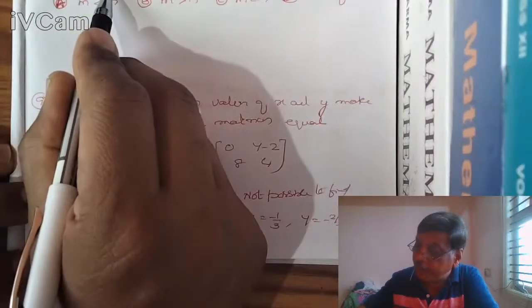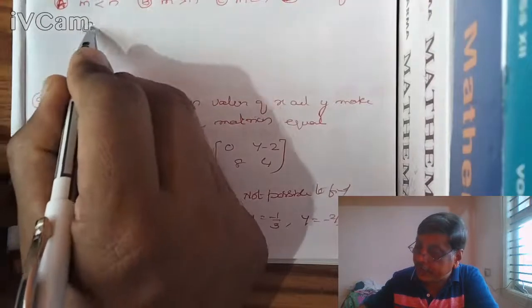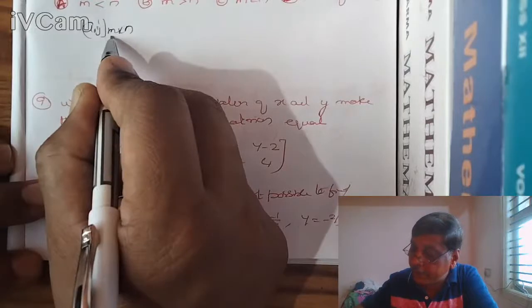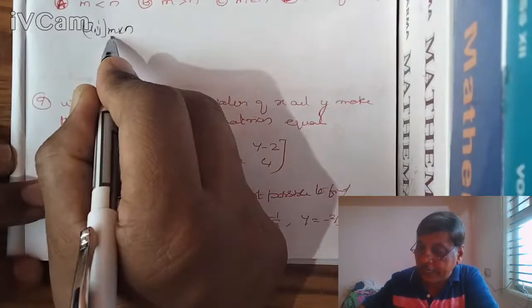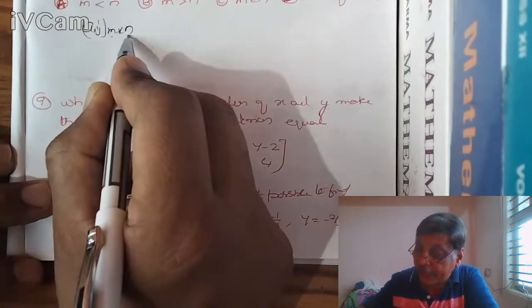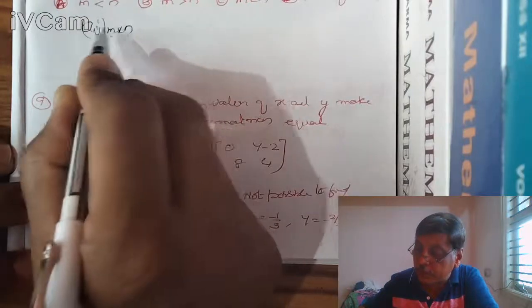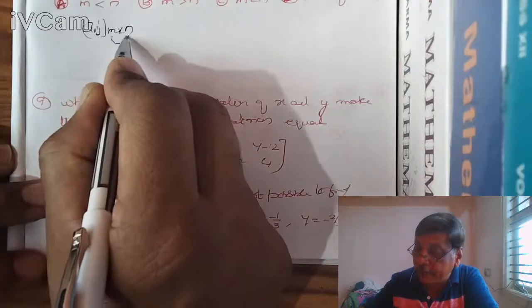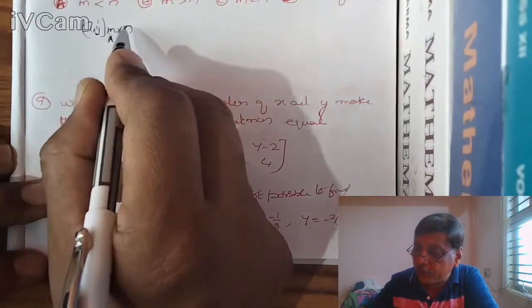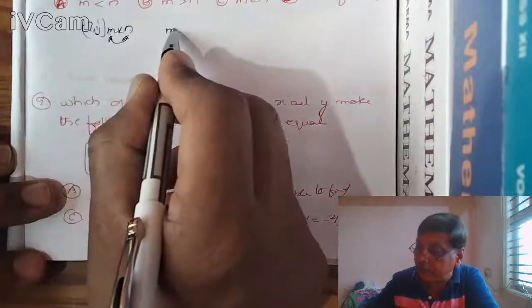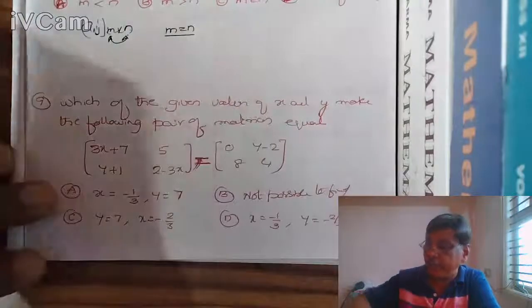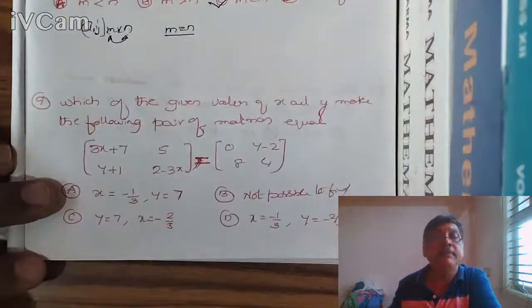So here the given matrix [aij] m cross n: m indicates the number of rows, n represents the number of columns. It becomes a square matrix only when m is equal to n. It means that the values of m and n are equal. Therefore, the answer is option C.